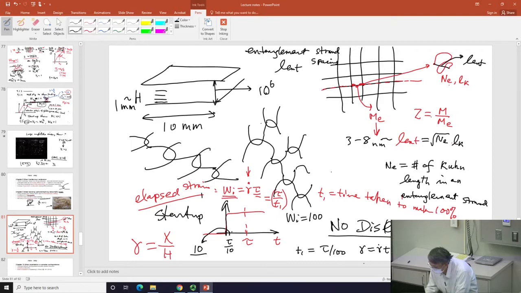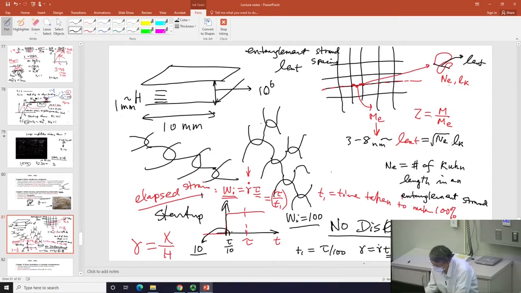So the time it takes for you to do 1/10 of a tau, and the rate you have in this limit, of course, is 100 over tau.